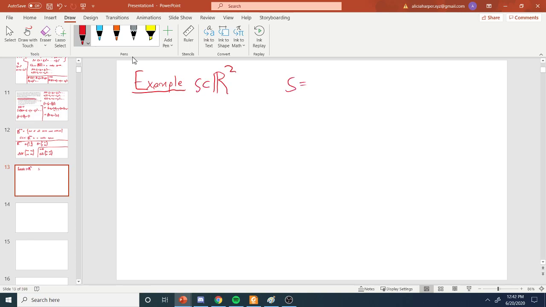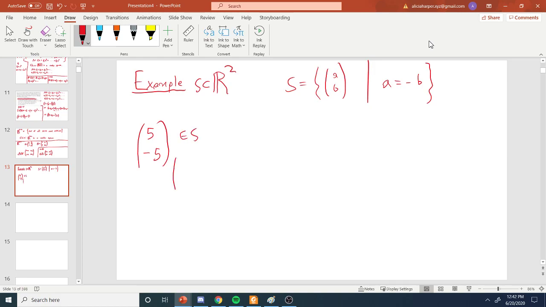And S is going to be the set of vectors of the form (a, b) where a is equal to negative b. So for example, one such element of S is the vector (5, -5). Another such element of S is (-7, 7).